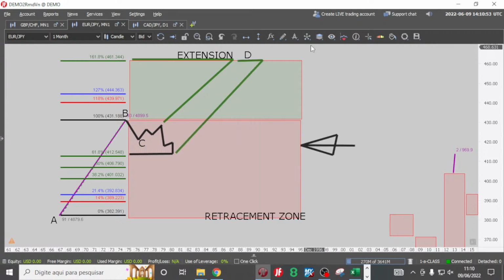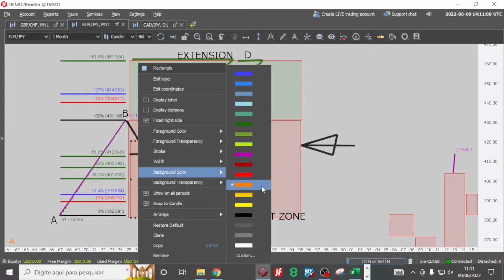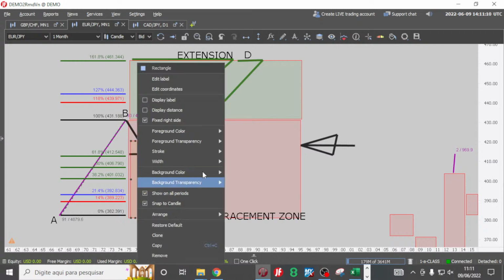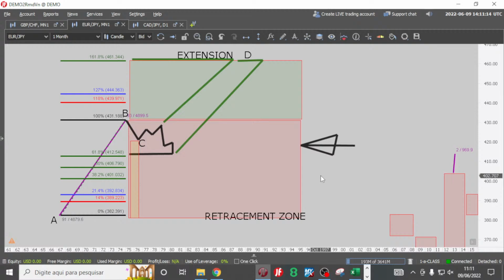Make sense, everybody? So what you're going to understand, everybody, is that the deeper the retracement, the better the risk reward ratio. And don't worry, we are going to spend 2 or 3 sessions on the Fibonacci's.